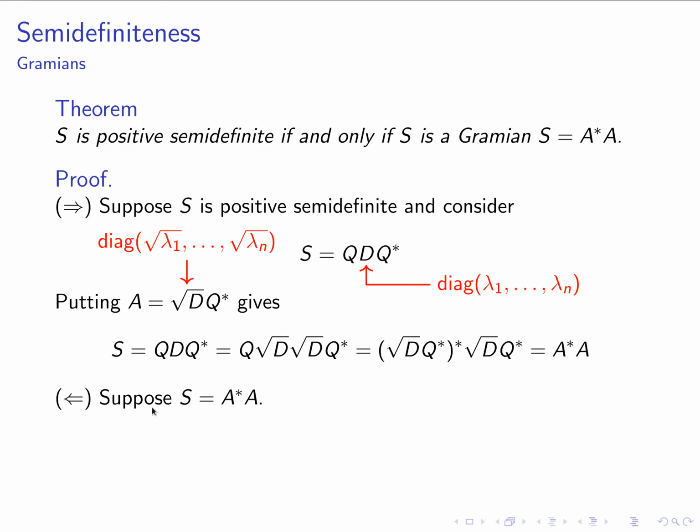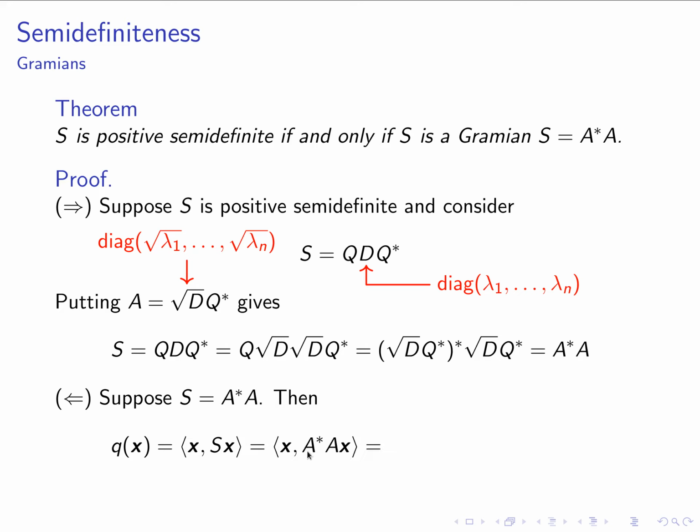For the second part of this theorem, let's assume that our matrix S is the Gramian of a matrix A, and let's attempt to conclude that this must be a positive semi-definite matrix. Well, if we look at the quadratic form little q corresponding to S, this is the same thing as the inner product of the variable vector x with S multiplied by the variable vector x.